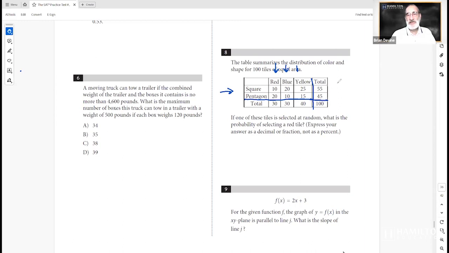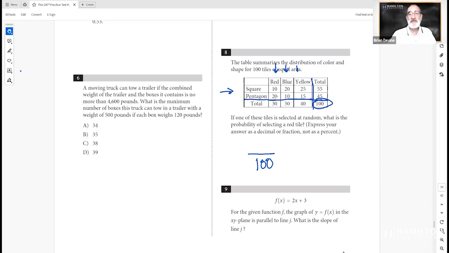Now, the language in these two-way table problems is what drives the answer. So listen to what we're saying here. If one of these tiles is selected at random, so that would be out of 100. What is the probability of selecting a red tile?